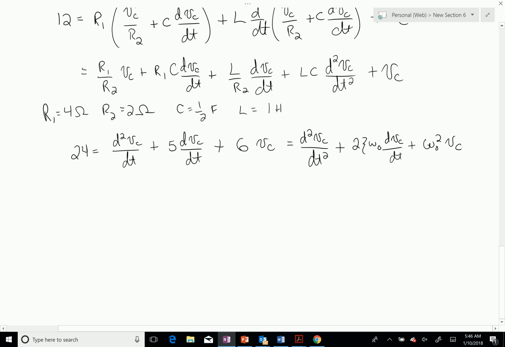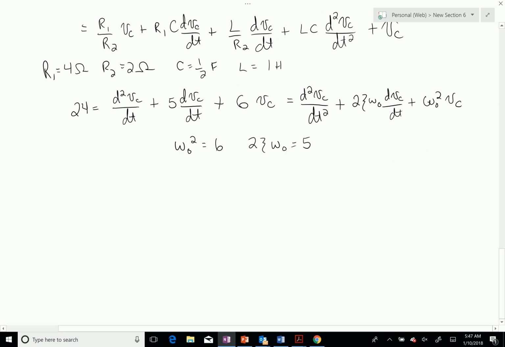So I can see right away omega naught squared equals 6, and 2 zeta omega naught equals 5. If I plug that in and solve, I find that my zeta is something like 1.02, which tells me zeta is greater than 1. That tells me I'm basically in my overdamped case.